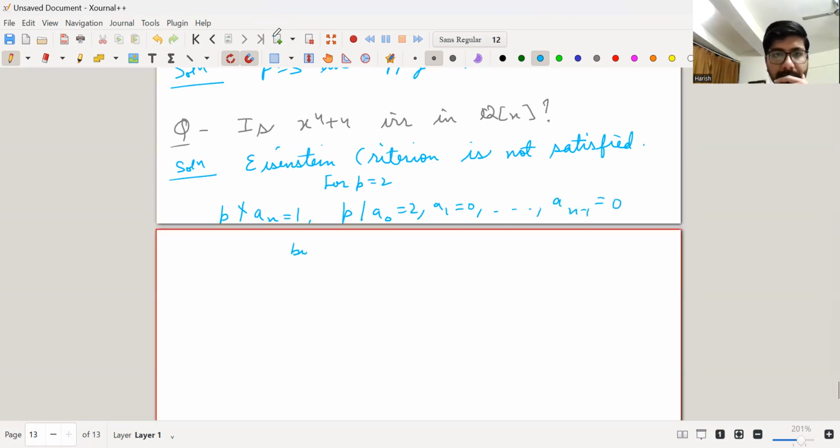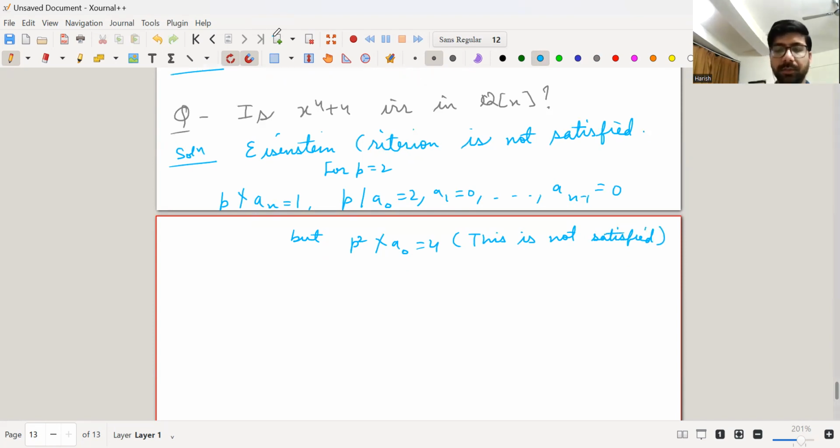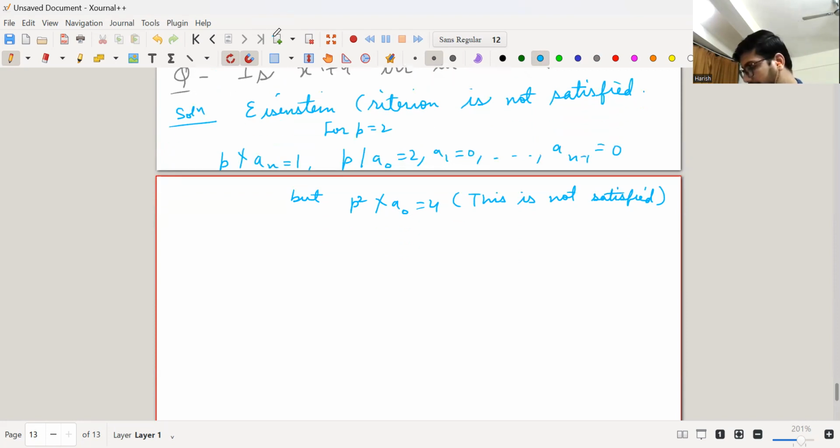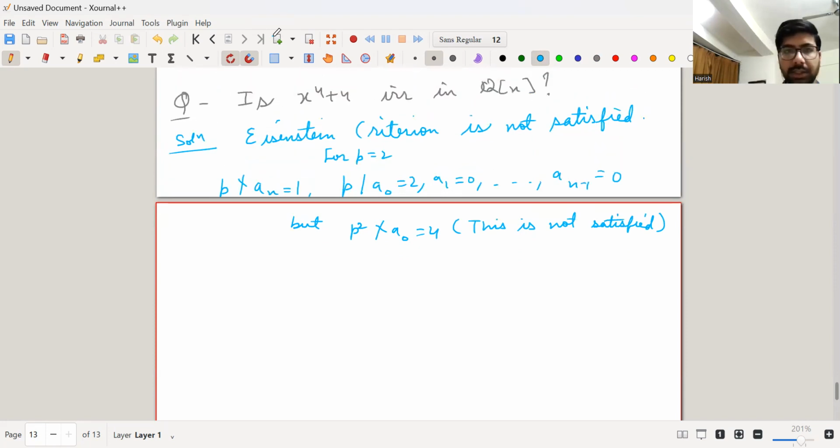But the other condition, that p square does not divide a naught, that is 4, is not satisfied, because 4 is divisible by p square, that is 4 itself. So the Eisenstein criteria is not satisfied, but still the polynomial is irreducible. That's the main goal of this example, and how one can show that it is irreducible.